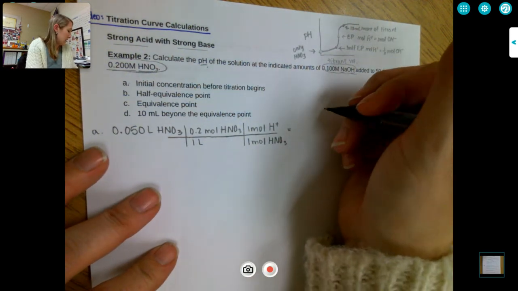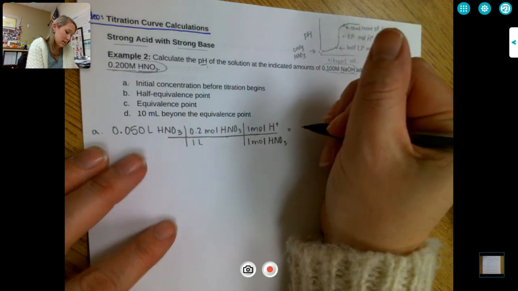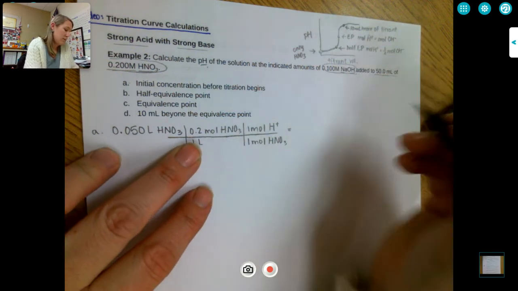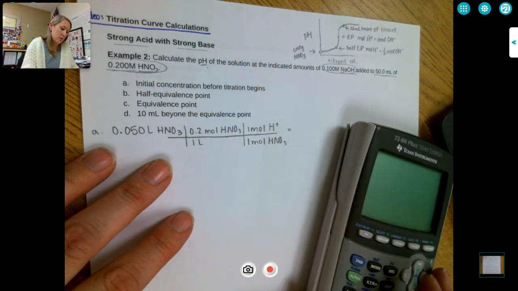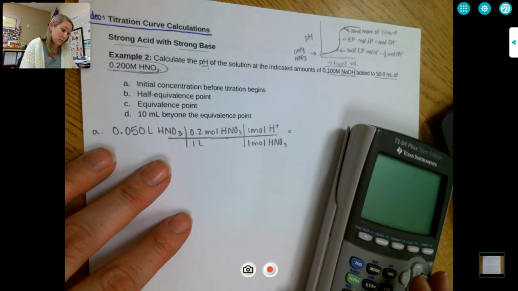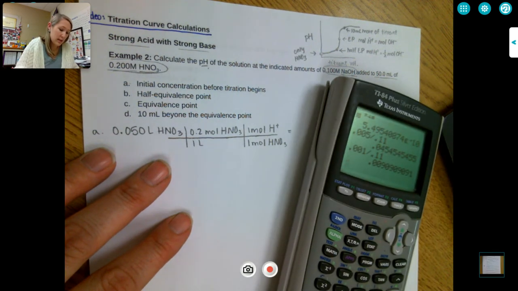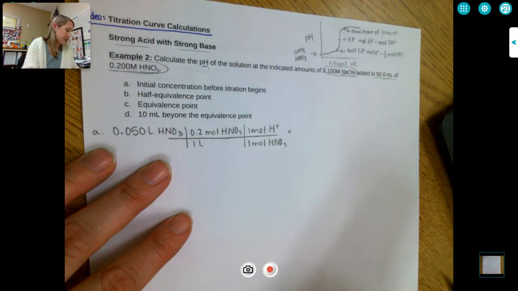So when I do that, I get 0.05 times 0.2. I guess we don't really have to do that, do we? Well, we can. We'll see that it's the same, because then we'll divide it. That's okay. 0.05 times 0.2 is 0.01.